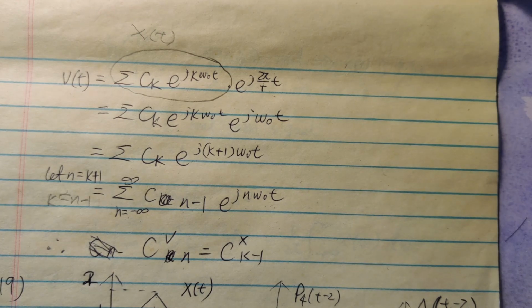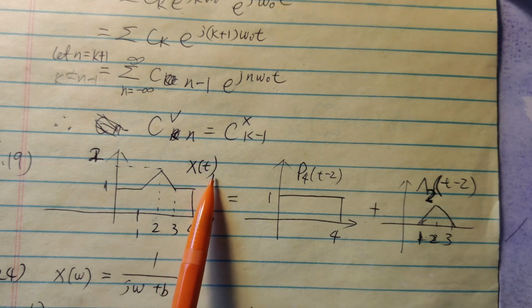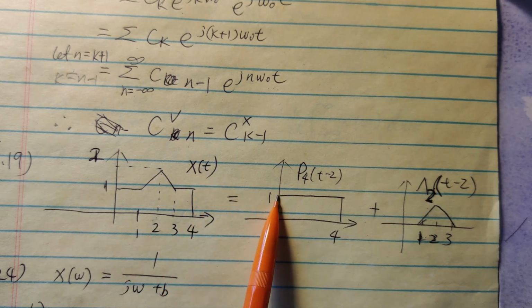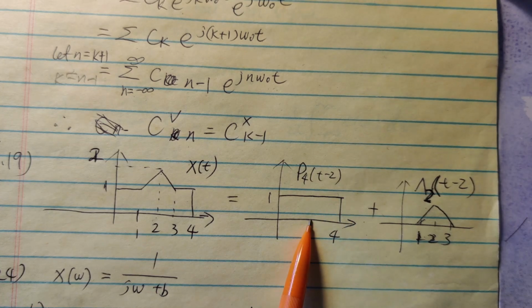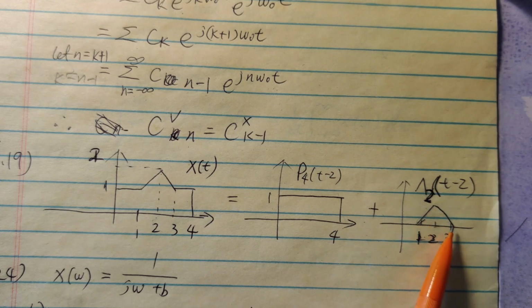Next one, I just show you a hint. There is a problem in the question. We have a signal x(t). If you look at this one, x(t) is a linear combination of two parts. One part is a rectangular signal plus a triangle signal.